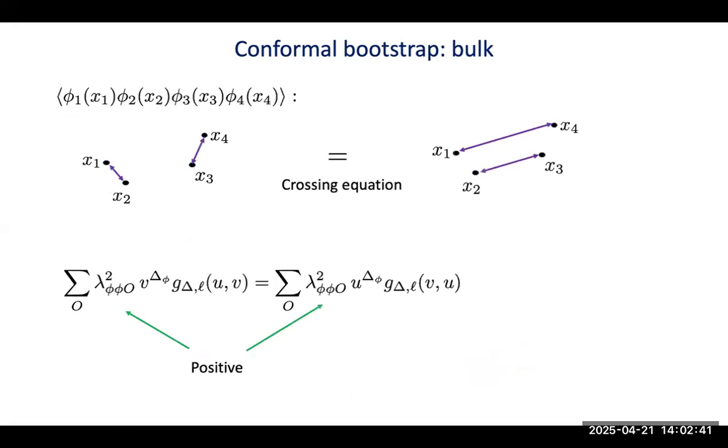And the very nice thing is that, first of all, if you rewrite this crossing equation in the case when all the operators are the same, just the same kind of operators at all these 4 points, then what appears on each side is the square of the OPE coefficients. And in a unitary theory, this square is a positive number.